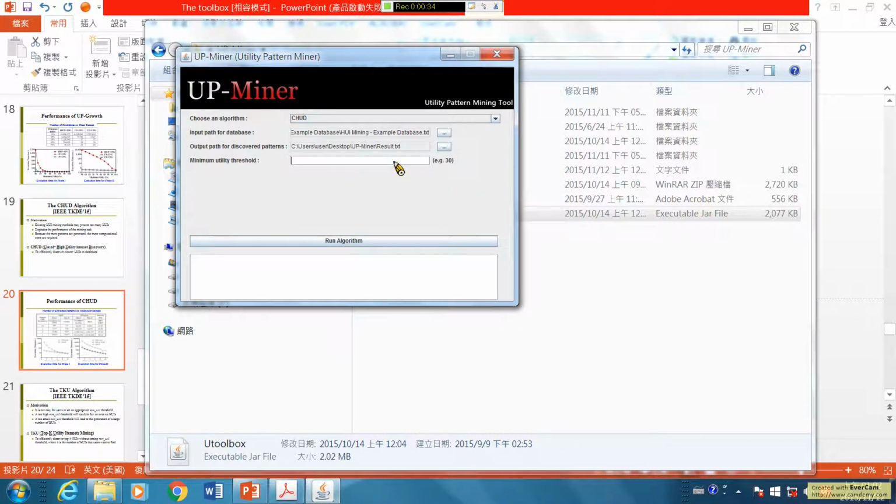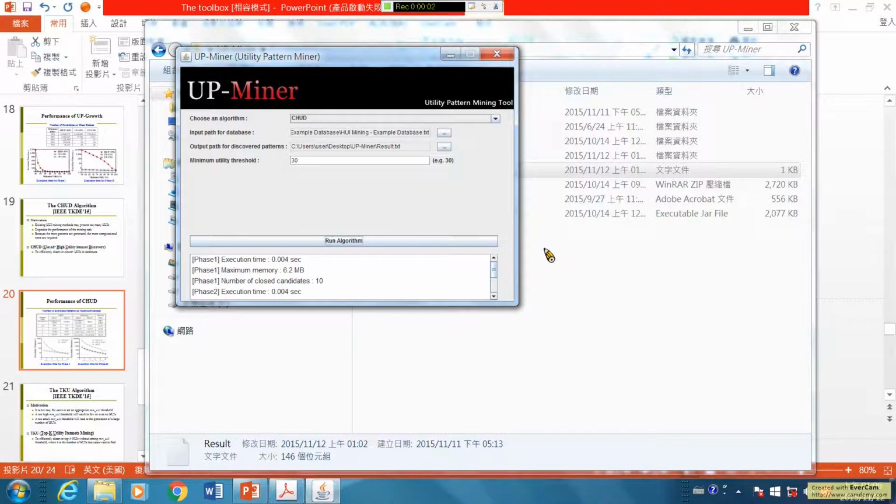Then we provide the minimum utility and run the algorithm. Again, we see the execution time and the memory consumption of the algorithm. The information of the discovered patterns is stored in the output file.